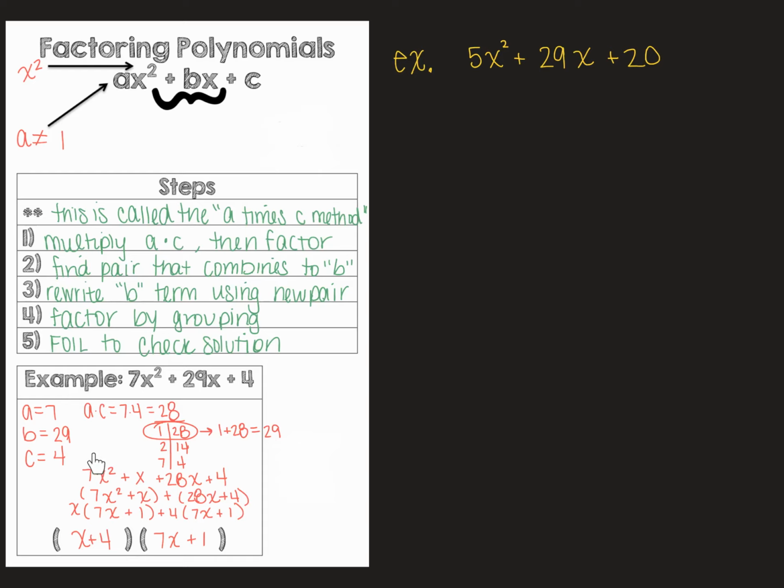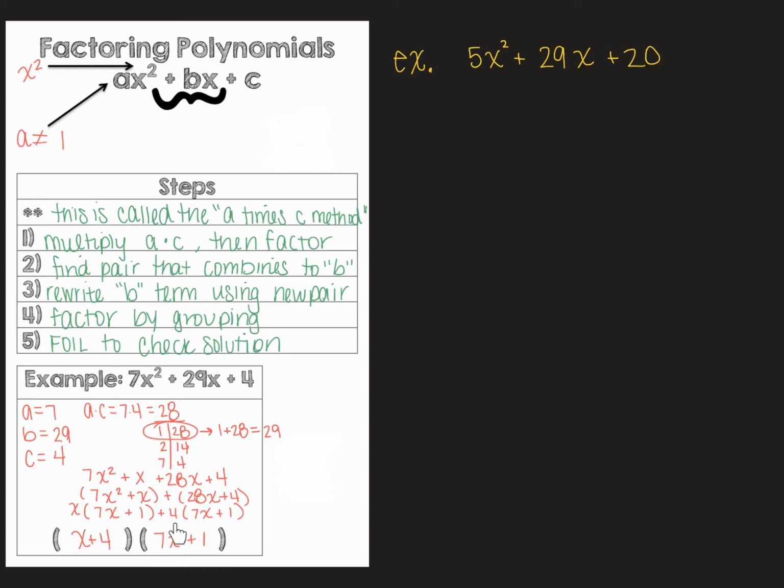So here's that step where it always feels a little strange. We broke up this middle term here. This was written as 29x, but now we broke it up into being 1x plus 28x using our factored pair that we found. Once we do that, we follow our steps for factoring by grouping. You group your first two terms, group your second. You pull out your GCF of each group. So we pulled out an x here, and that's like dividing it from each term.